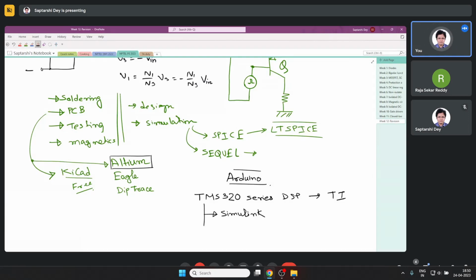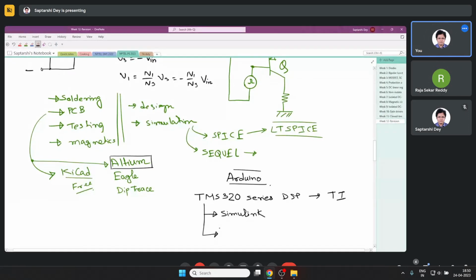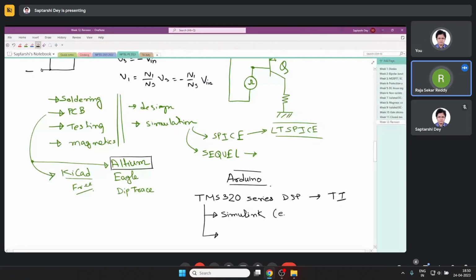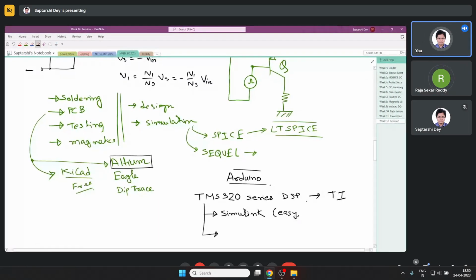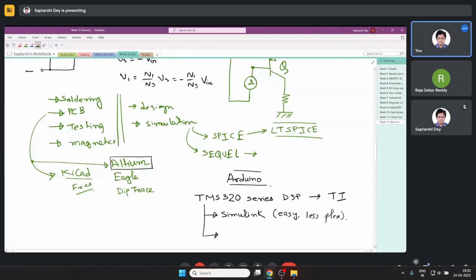What MATLAB will do is make the code of it, then dump it to this controller. Then you can control your converter using that. Or else, since this is easy, it is less flexible and less efficient also.